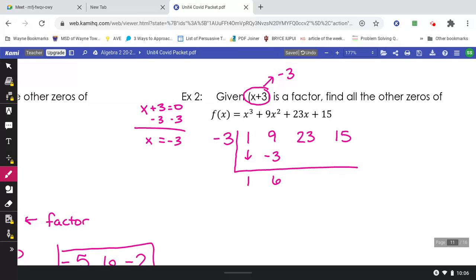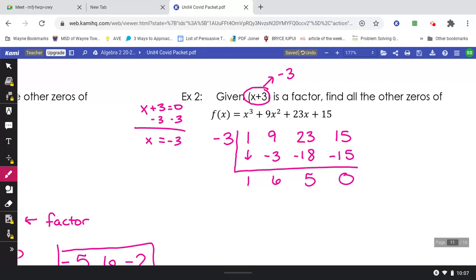Multiply -3 times 6, -18, and then add 23 plus -18 gets me 5. Then multiply the outside number times the bottom number, -15, and add the inside numbers together to make your 0. We're expecting a 0 because they told us that -3 was one of our zeros. X plus 3 is a factor. So we're expecting to get that 0.